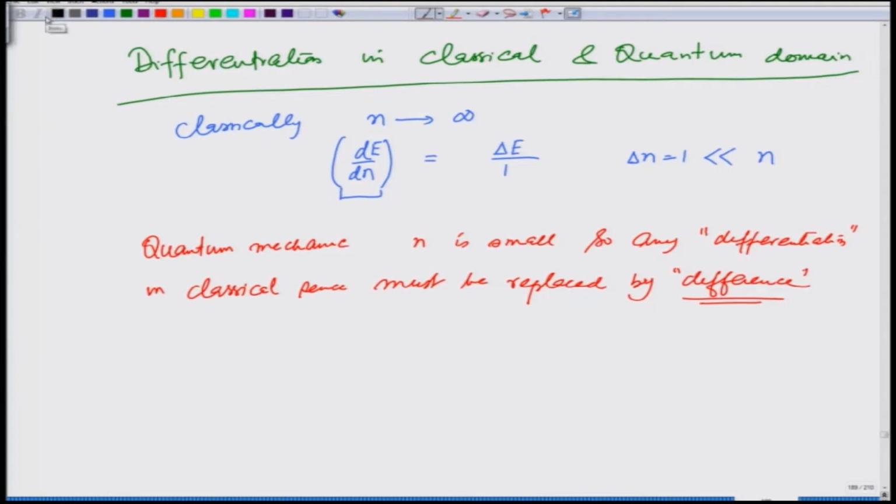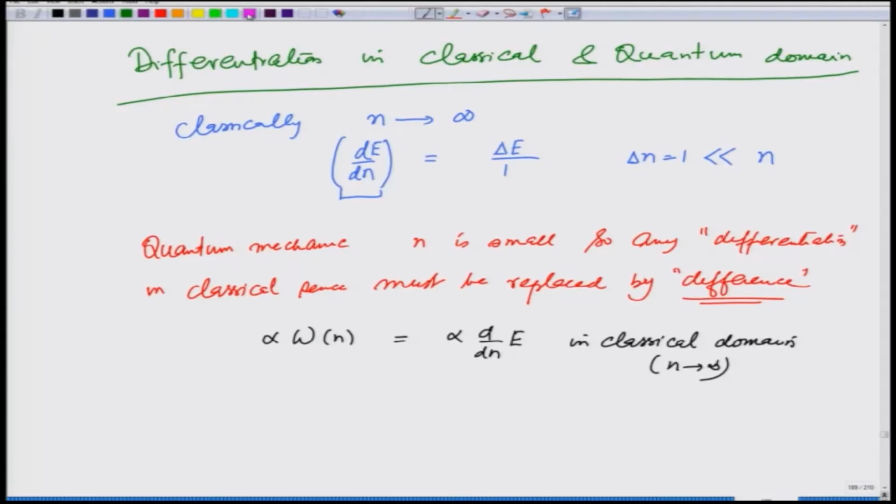So, for example, recall that ω(n) α was equal to α d/dn E in the classical domain, that means n tending to infinity.